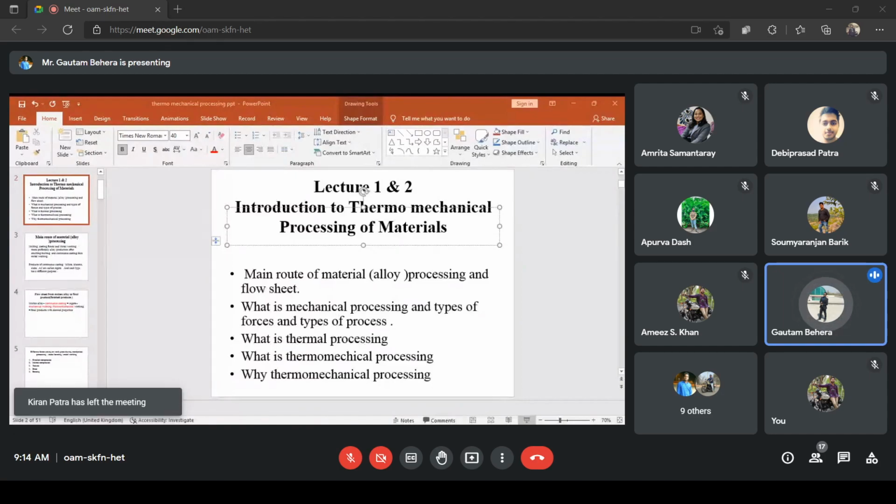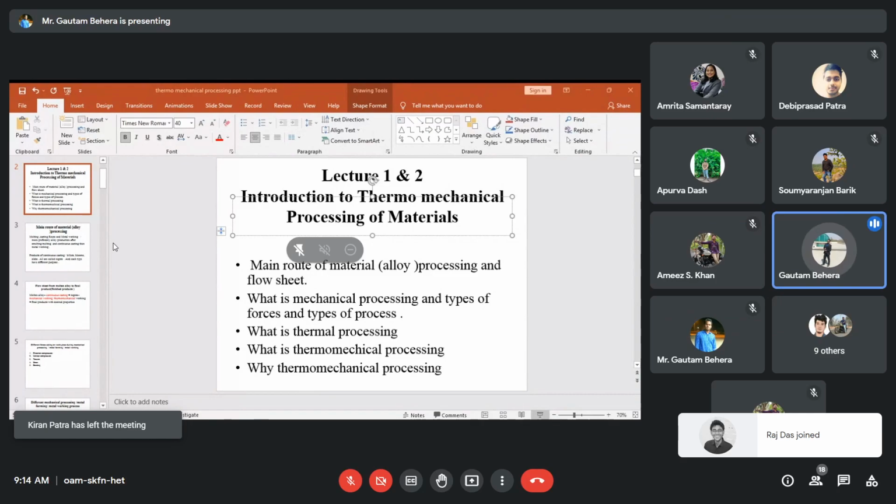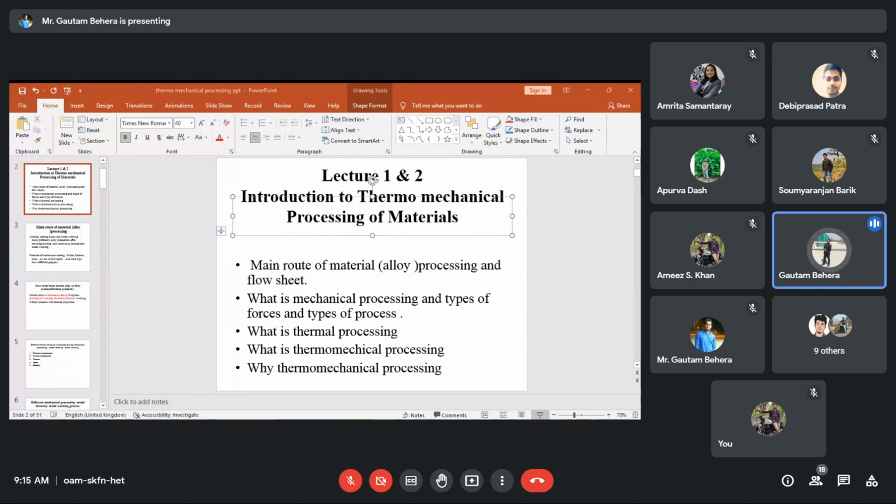You have already gone through a few subjects on mechanical processing in earlier semesters, and also heat treatment. That subject was taken by me only, I remember. So you have good knowledge of mechanical working and heat treatment, and you have also gone through physical metallurgy.